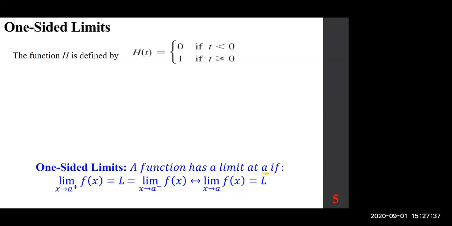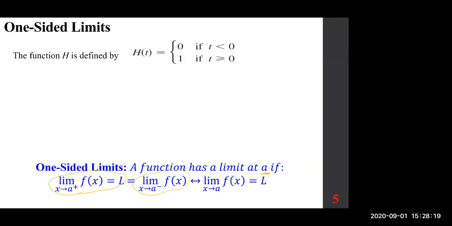If the limit as x approaches a from the right, when we say a plus, that means a from the right, is the same as the limit as x approaches a from the left. So that's the definition. So let's look at this function h known as the Heaviside function. H of t is equal to 0 if t is less than 0, and it's 1 if t is larger than or equal to 0.